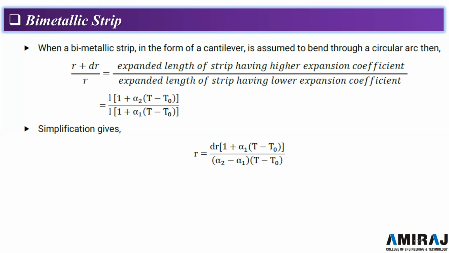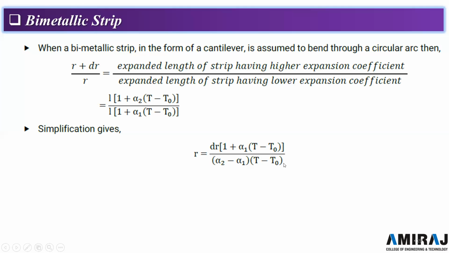On simplification, the L will cancel out and we will get the equation of R in this form: R is equal to dr into (1 plus alpha 1 (t minus t0)) upon (alpha 2 minus alpha 1)(t minus t0).